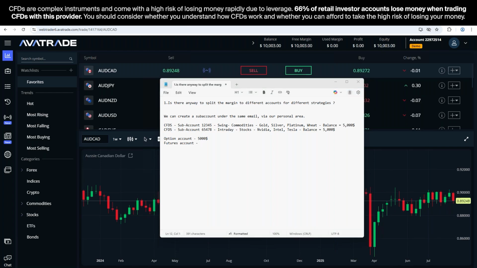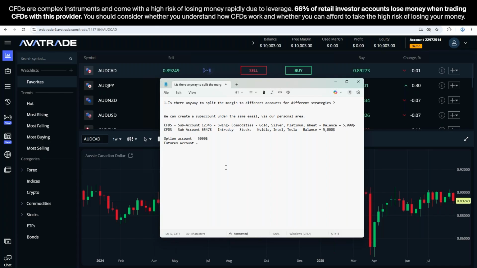So as I was explaining, what's displayed in here is basically different accounts with different amounts and different strategies. The reason for me to want to do that is to be able to allocate a specific amount to each strategy.